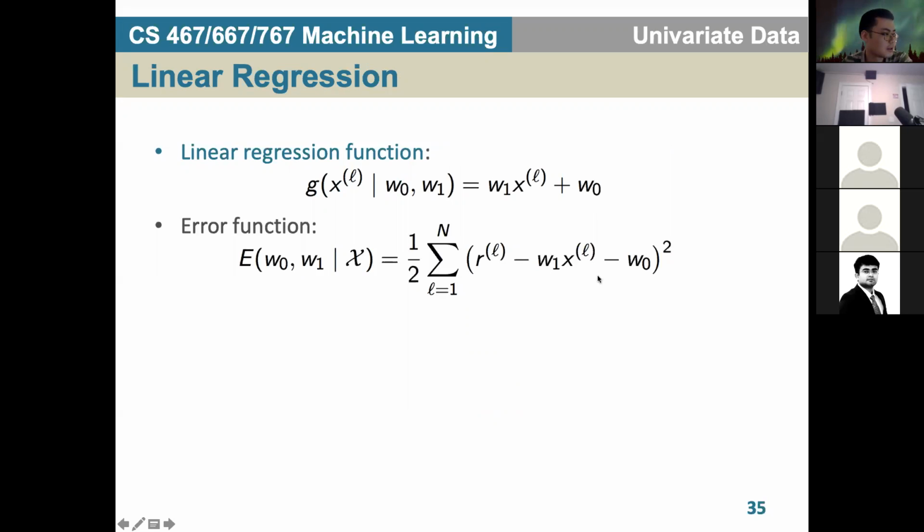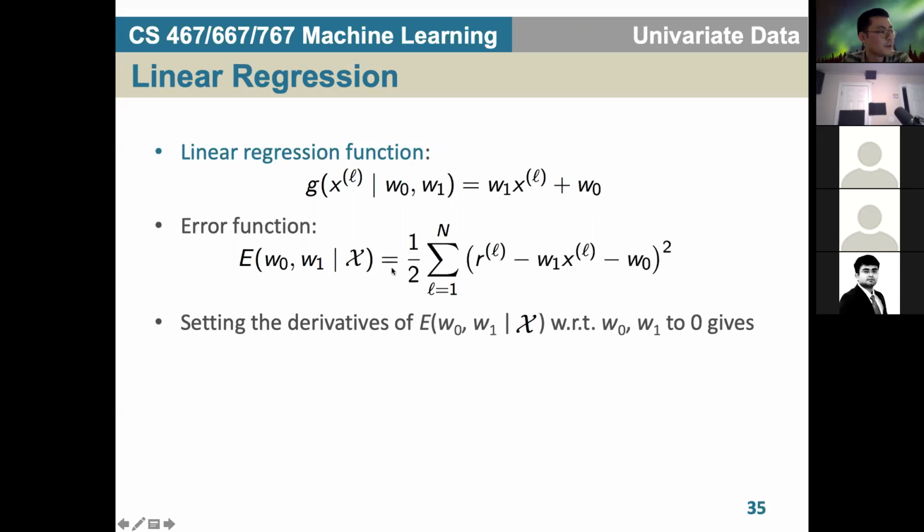So now what we need to do, because this is the sum of square error, is minimize this error. Because it's a quadratic function, it is convex for sure. It's just like x minus a squared.